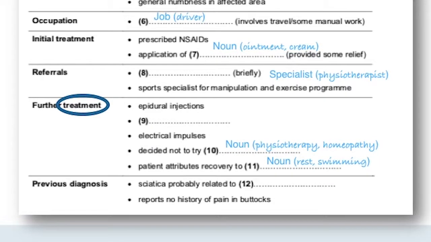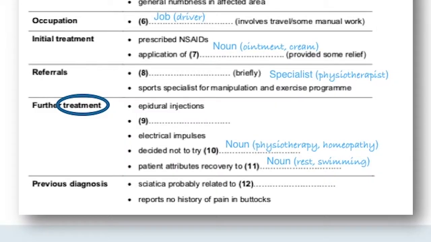I've put here for number 10, physiotherapy, homeopathy, and number 11, attribute recovery to rest or to swimming. And of course, these aren't the answers because we're going to do this, and I don't want to give you the answers. Finally, number 12, sciatica, probably related to, well, it's going to be related to sciatica, obviously, and it's hard to predict, but again, you're listening for a noun.